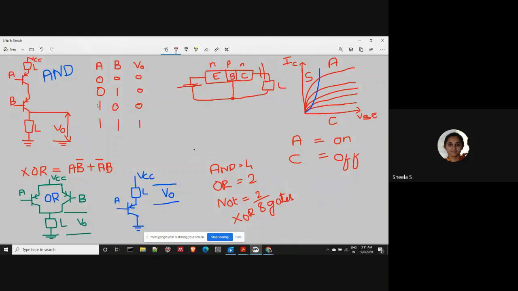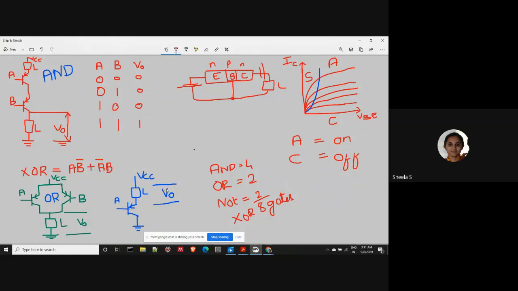Similarly, if I want to consider NOT operation, in that case, what we are going to do here, we can observe the load has been connected to the emitter of the transistor. So when A is equal to 0, means there is no base current. When the base current is 0, there will be no flow of current.